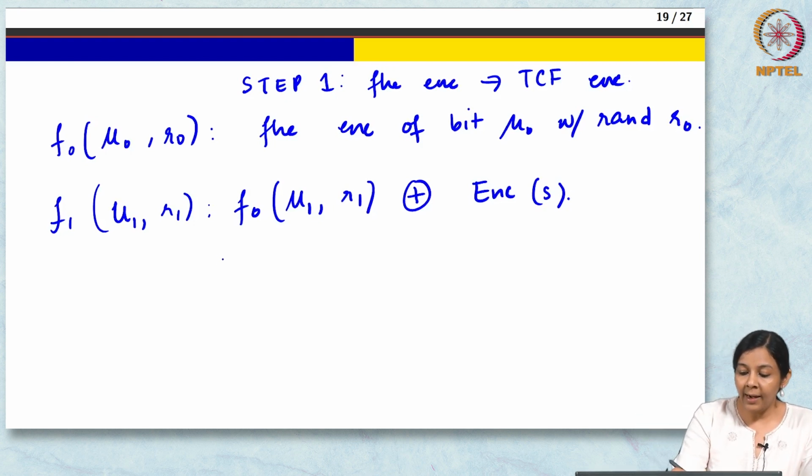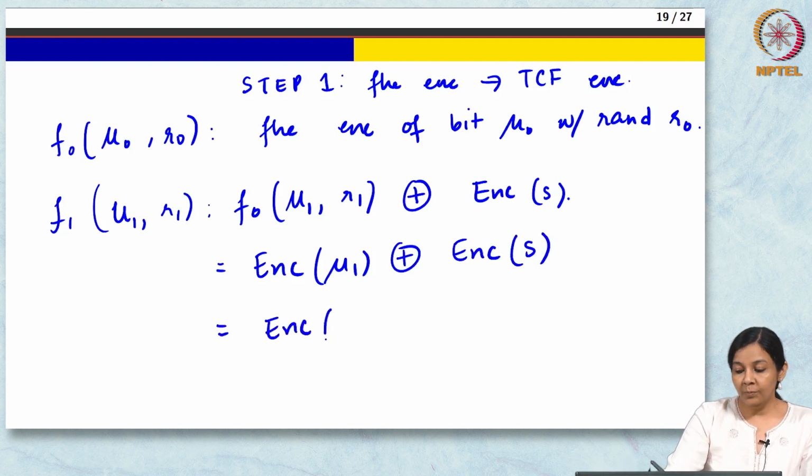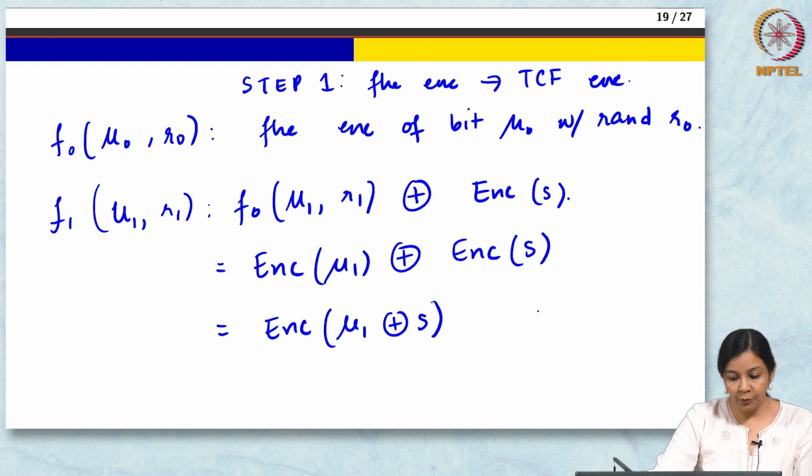Let me write F0 of mu 1, r 1 as simply enc of mu 1, forgetting the randomness used in the encryption for a second. So, enc of mu 1 XOR enc of S is, by homomorphism, enc of mu 1 XOR S. So, it is enc of mu 1 XOR S.